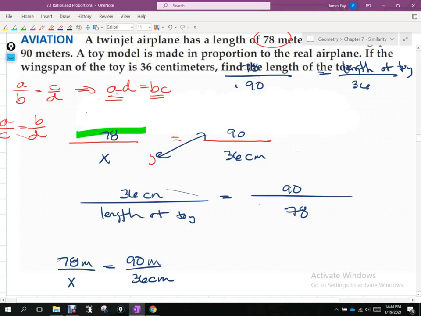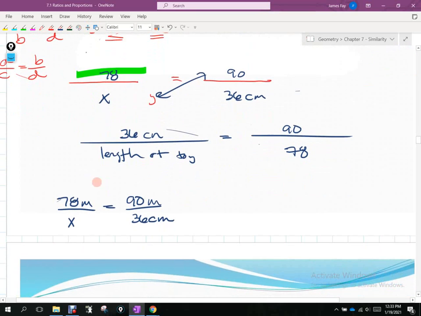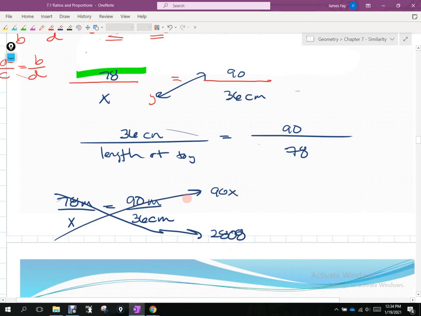If I take 78 times 36, that gives me 2808. So those two multiplied together give me 2808. These two together are going to give me 90x, right? So I have 90x equals 2808.